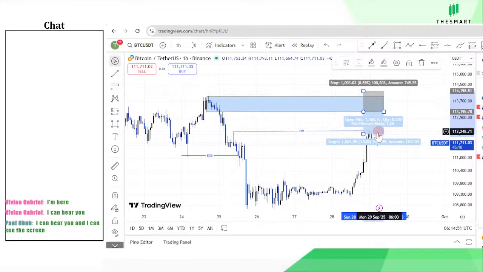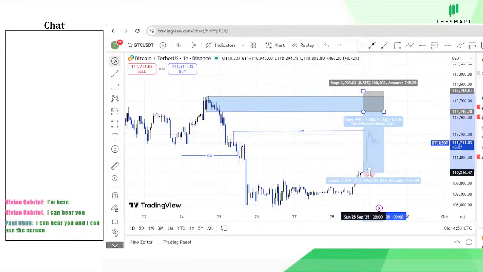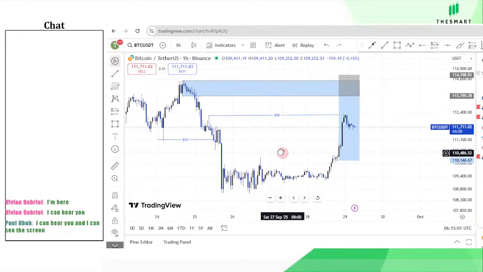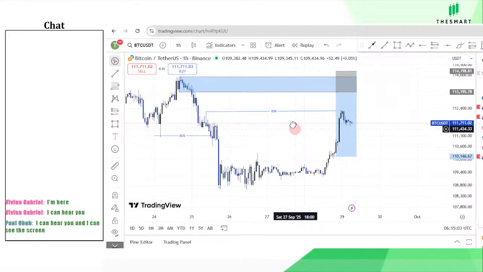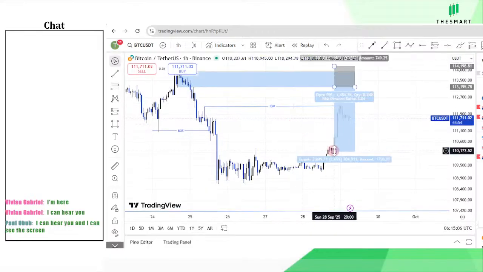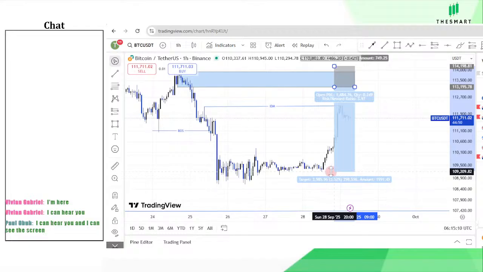Okay, so this is our stop loss, and we'll be going for a 1:3. If we are going for a 1:3, this is our take profit. And if we want to target this point, this is 1:4.